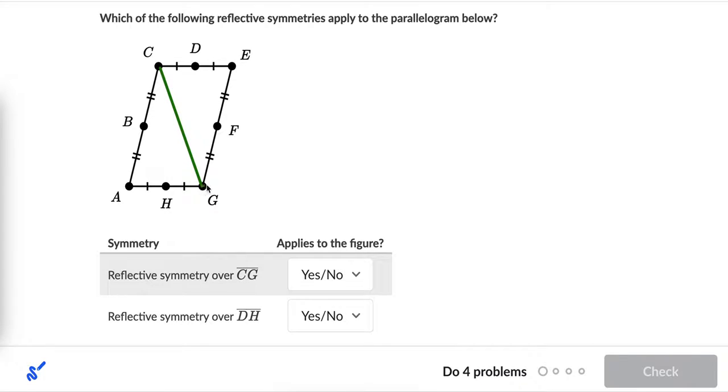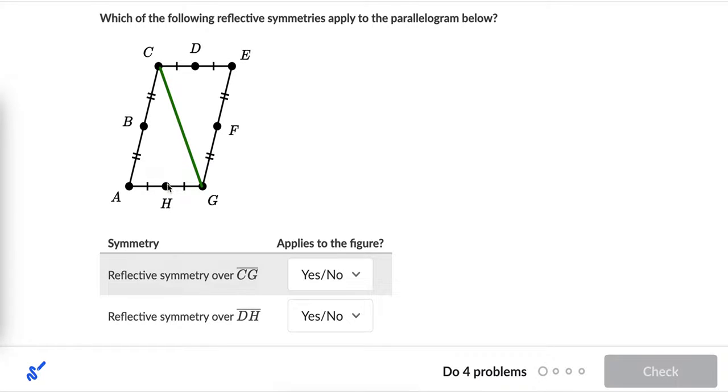Here's our line segment CG, and what we would expect here is we would expect each point. Obviously C and G are going to stay where they are with a reflection. But look at each point A, H, and B, and let's see, do they map directly across to the other side of the line of symmetry?